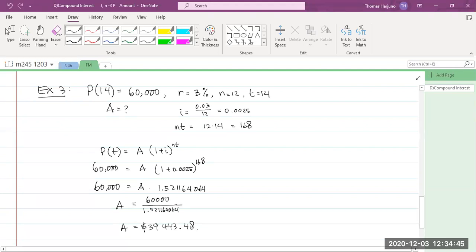Instead of waiting 14 years and giving him $60,000, you actually have an option to deposit $39,000 something right now for that amount 14 years later. Of course, when you put in $39,000 right now, you also trade with the bank your opportunity to grow that $39,000 on your own.